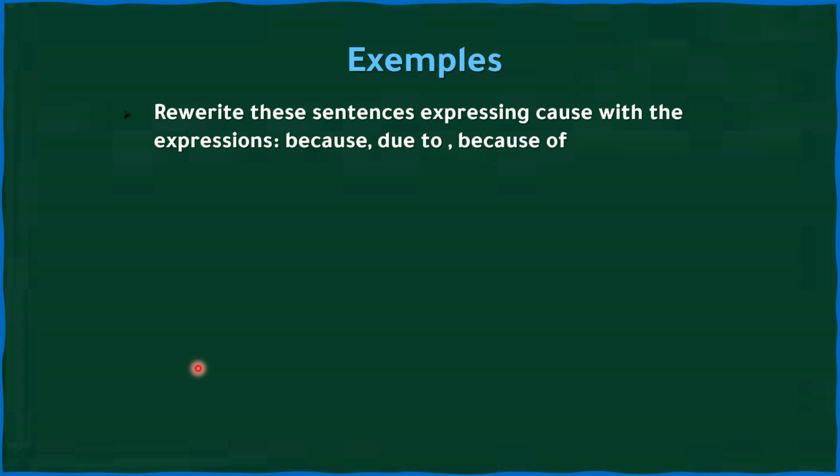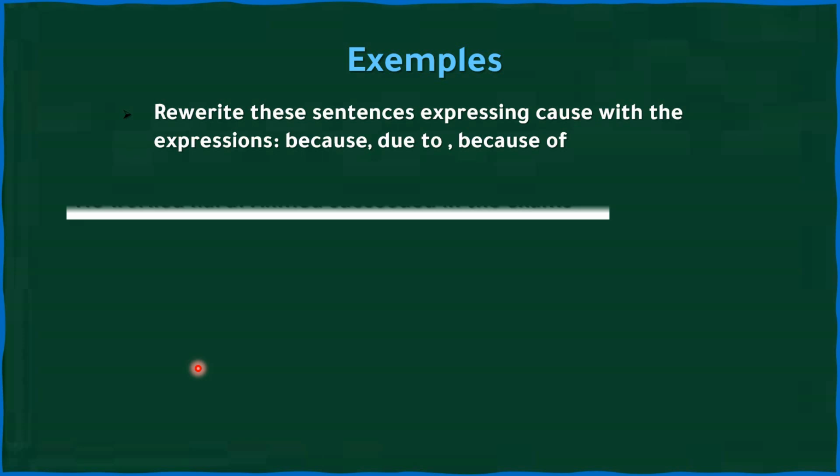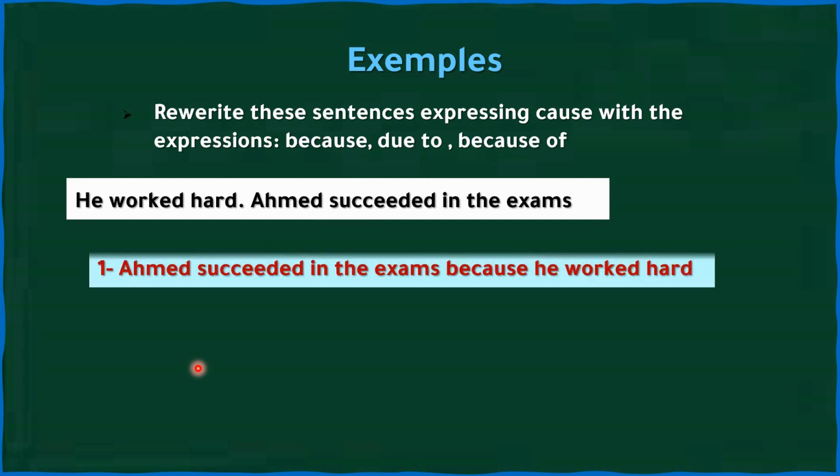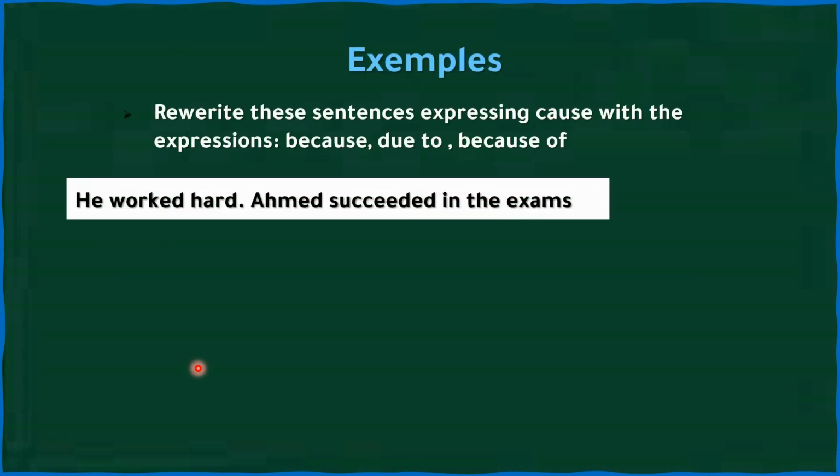Rewrite these sentences expressing cause with the following expressions: because, due to, because of. The sentences are: he worked hard. Ahmed succeeded in the exams. Where is the cause? Now, what is the cause?